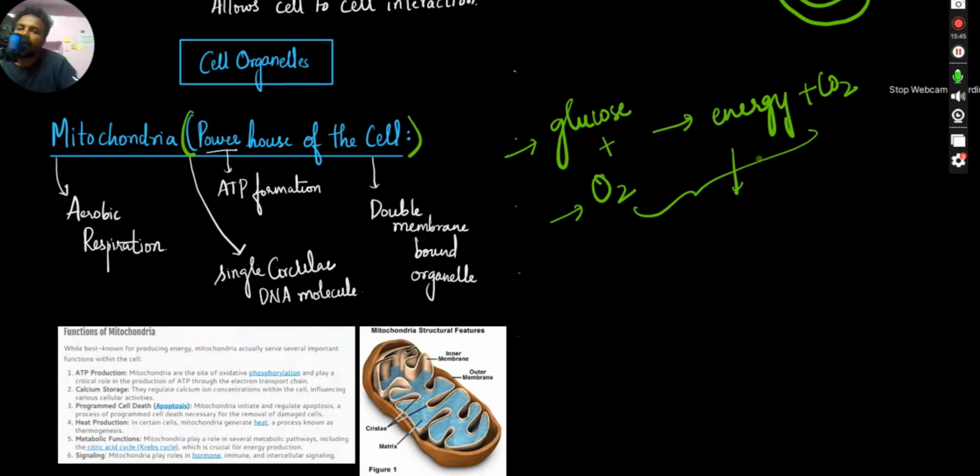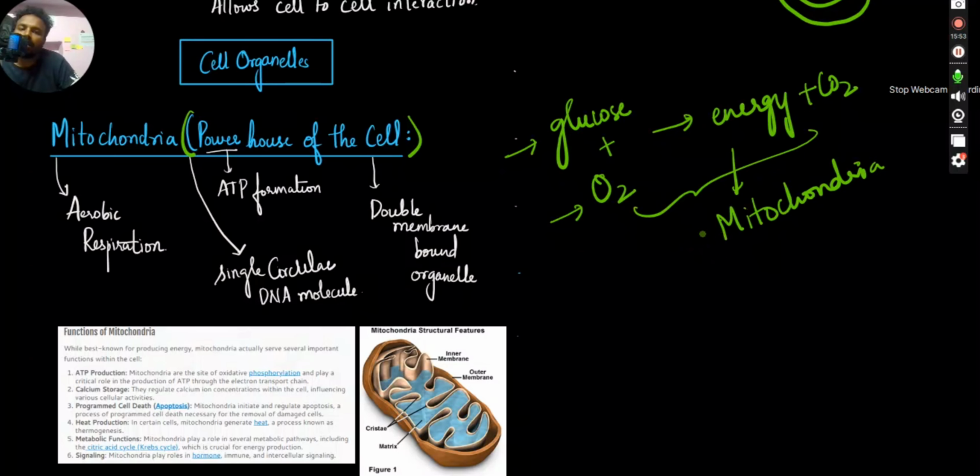All this function happens in mitochondria. Every cell has mitochondria, and whatever oxygen you take in goes to all the cells of the body, right? And they release energy, and carbon dioxide is moved outside from your body.